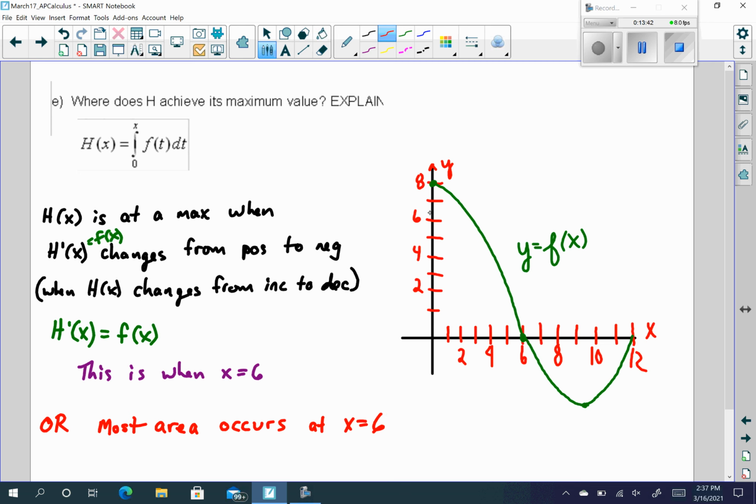Think of net area. So h of x is equal to the net area, and it's at the highest when x is equal to 6. After that, we start taking that area away because the other area is below. So the most area occurs at x equals 6, then area starts to decrease. Again, because h of x is an integral, and an integral is associated to area under a curve.